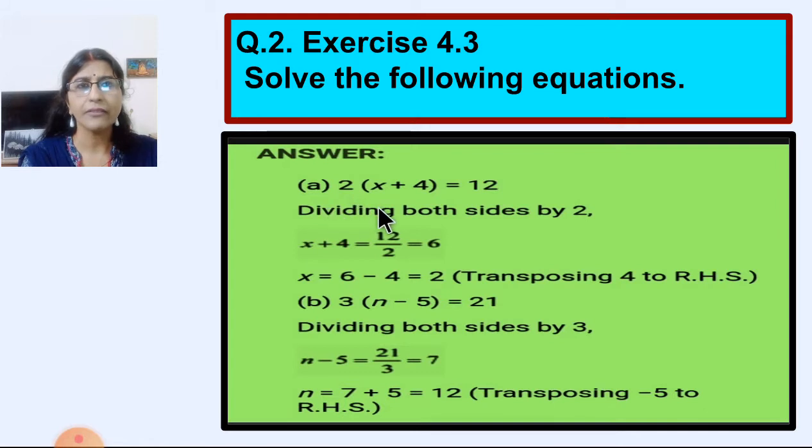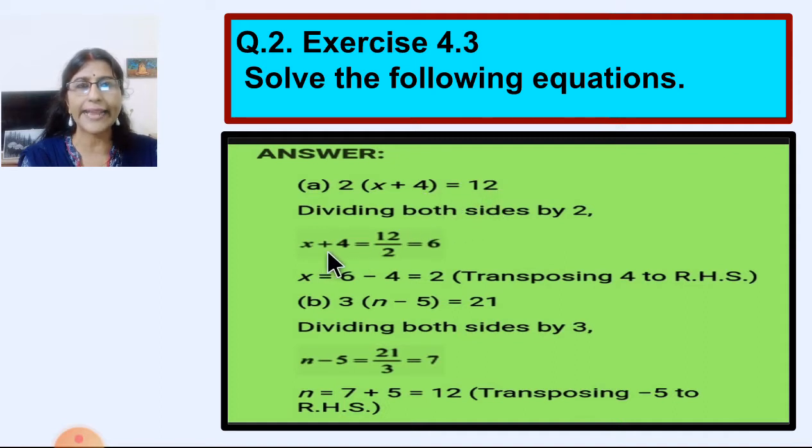So first we will remove this 2. To remove this 2, there is no sign but the bracket is there. The meaning of a bracket is multiplication, so we will have to divide. Dividing both sides by 2, because we want to remove this 2 first. When you divide this side by 2, we will divide the other side by 2 as well.